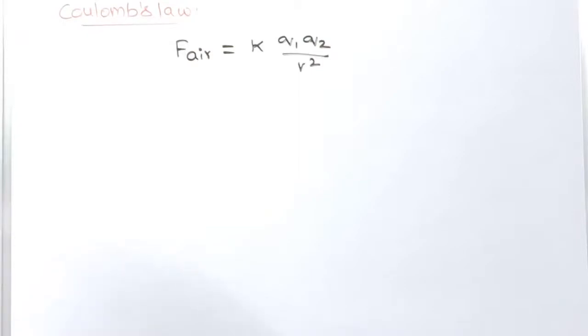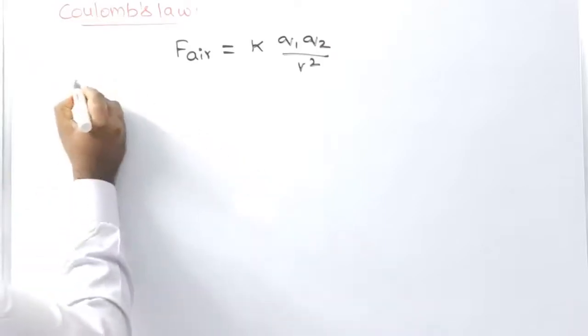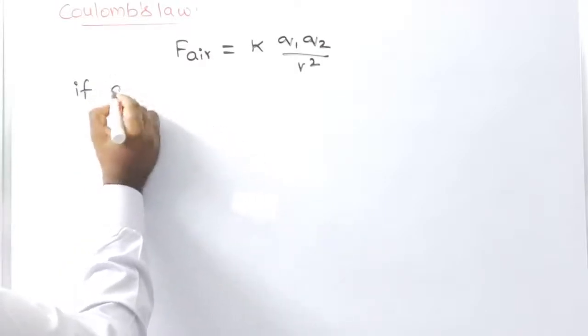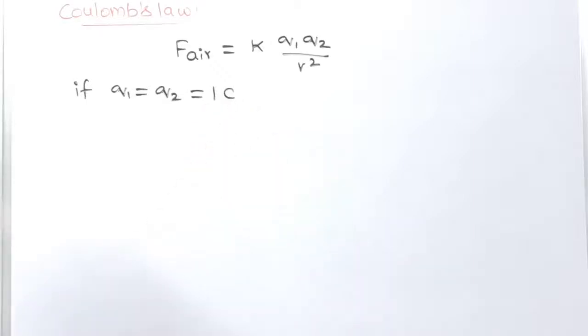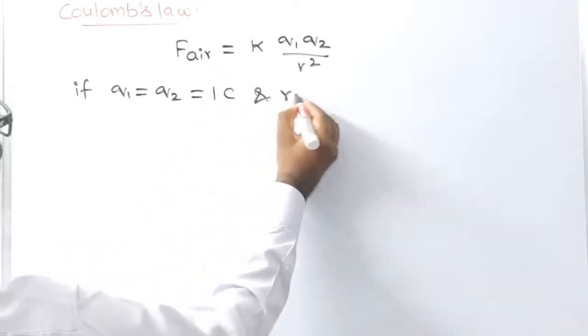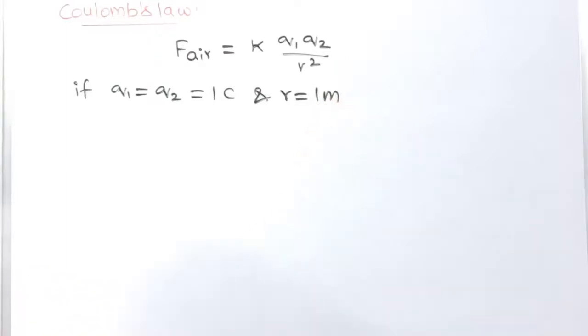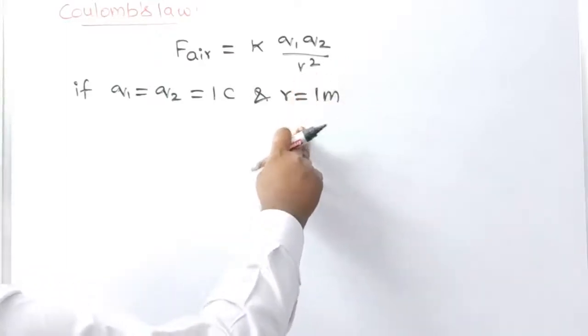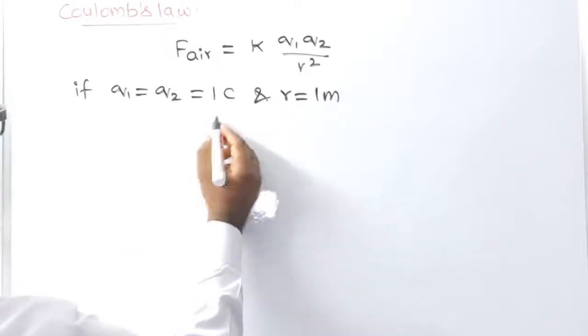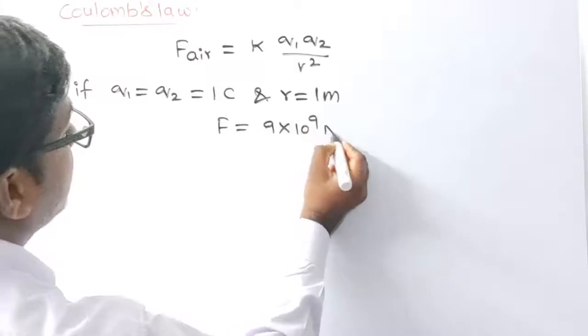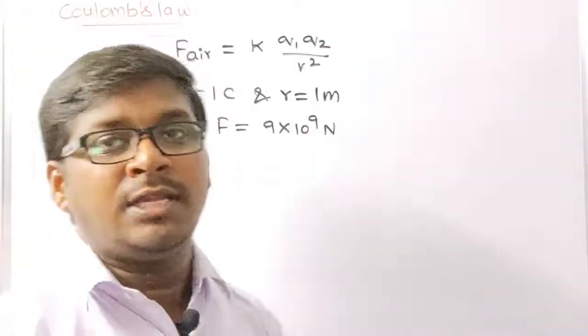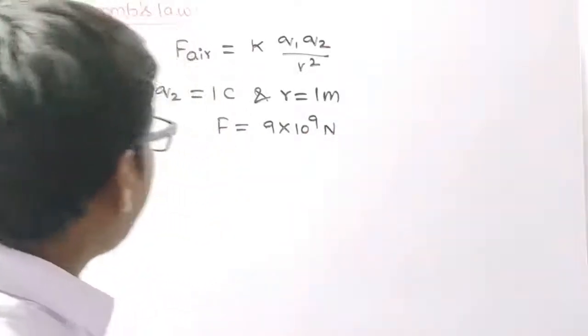For example, if q1 is equal to q2 is equal to 1 coulomb and r is equal to 1 meter, then the force is equal to 9 into 10 power 9 Newton.